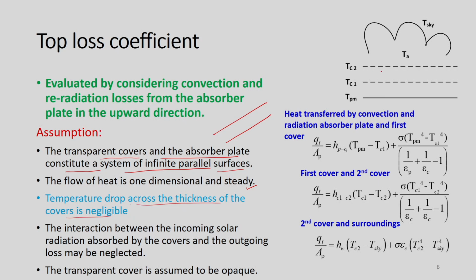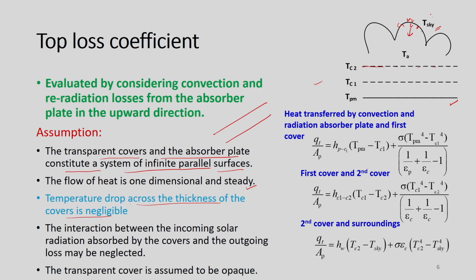For example, if we consider this case, two glass covers are present and one absorber plate, and this is the sky temperature, because a lot of molecules will be there like carbon dioxide and water vapor, and they will also emit some kind of radiation.